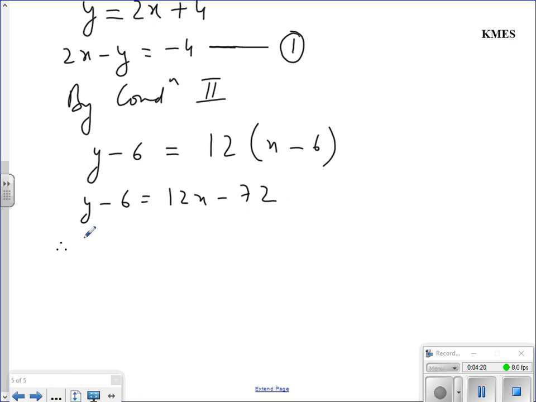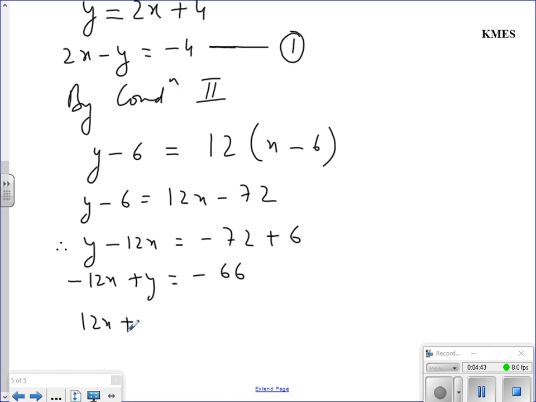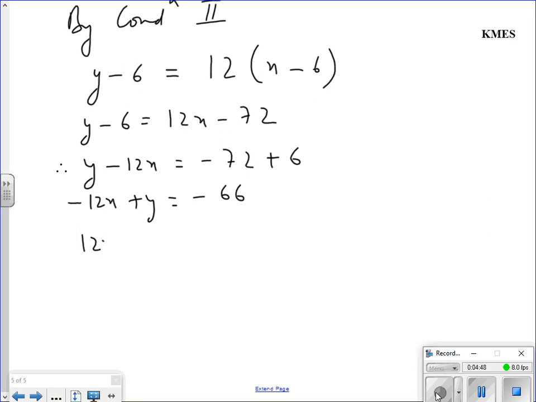Therefore, y minus 12x equal to minus 72 plus 6, which gives minus 12x plus y equal to minus 66. That is, 12x minus y equal to 66. That gives us equation number 2.